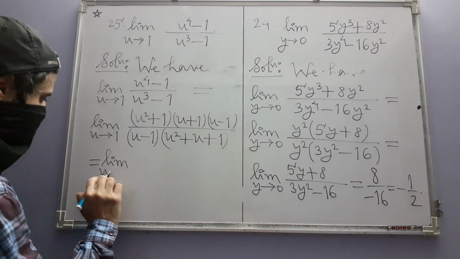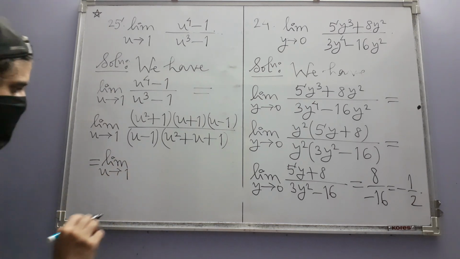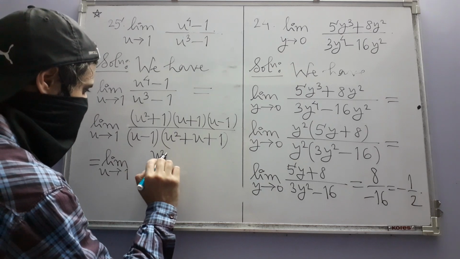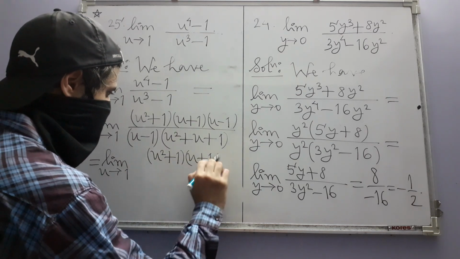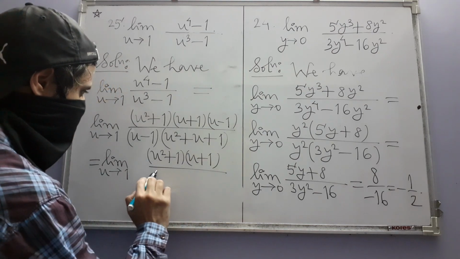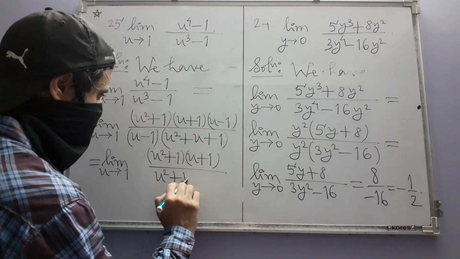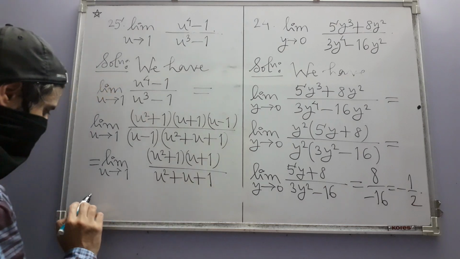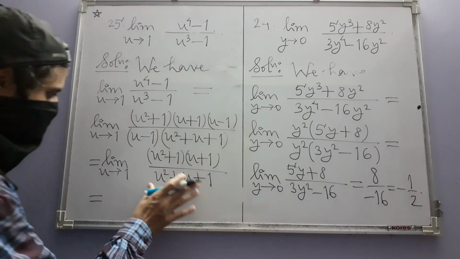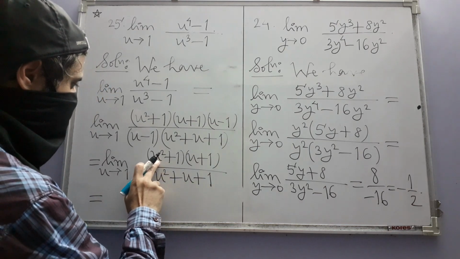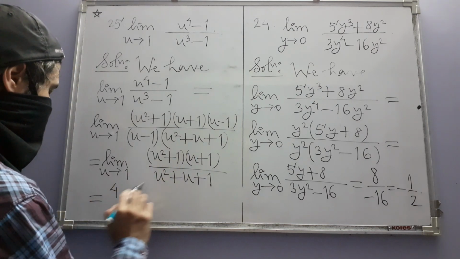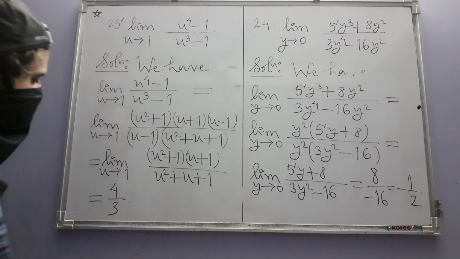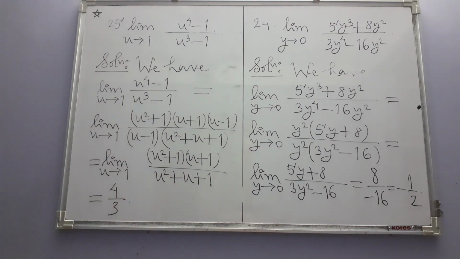So now after cancelling the common u minus 1, you are left with u square plus 1 times u plus 1 over u square plus u plus 1. And now what is the value of this limit? The numerator becomes what? 2 times 2, that is 4, and the denominator becomes 3. Okay, so that is the value.